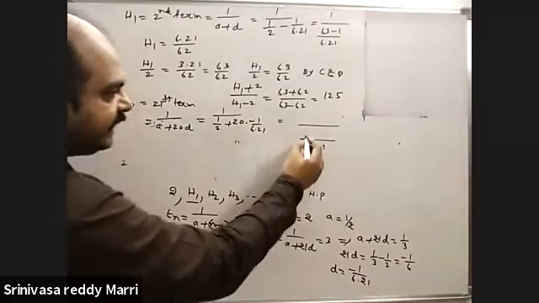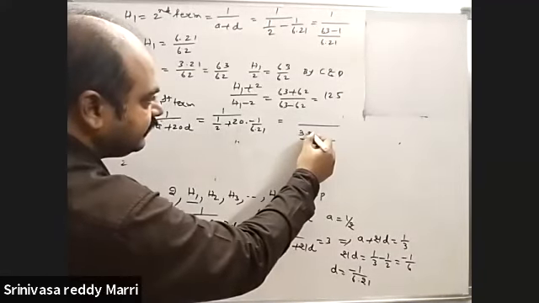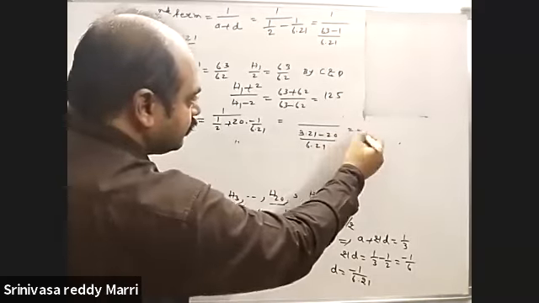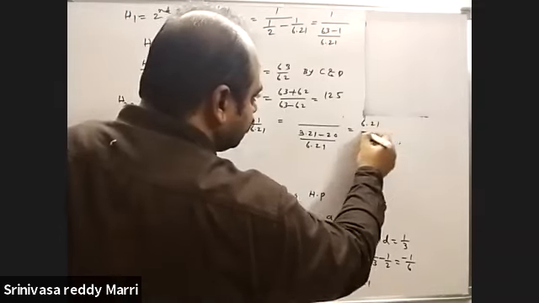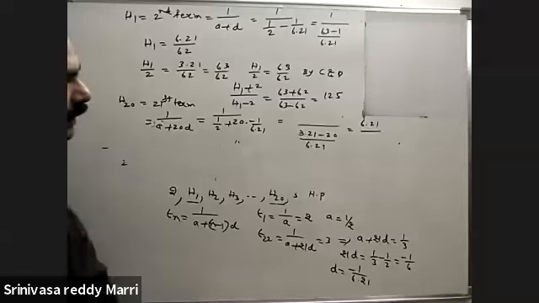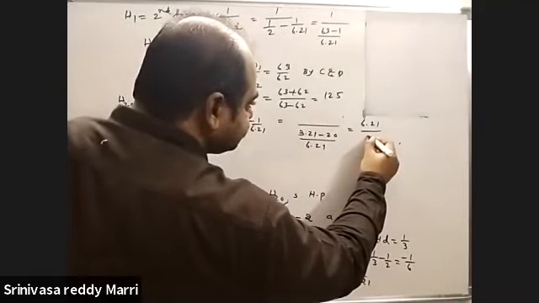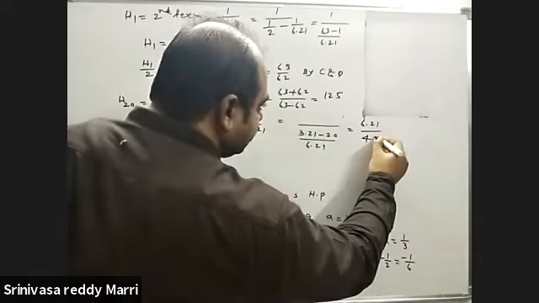6 into 21 means here you will get 3 into 21 minus 20. That means 6 into 21 divided by what you will get, 63 minus 20, 43.